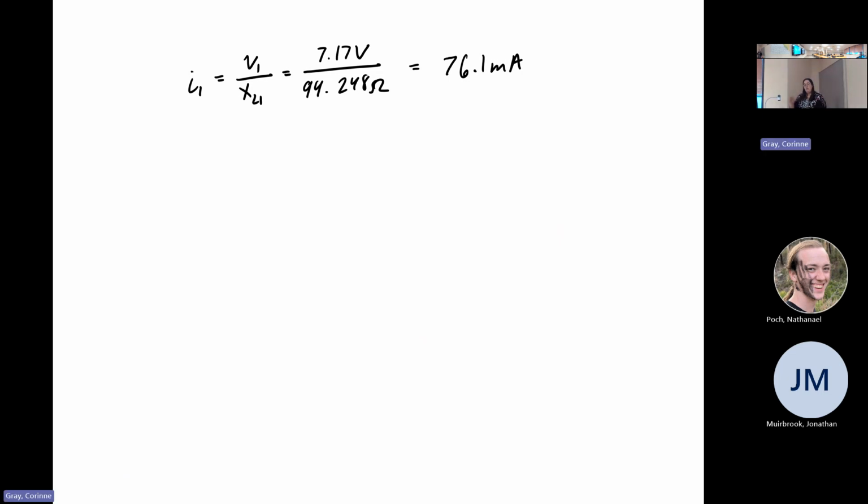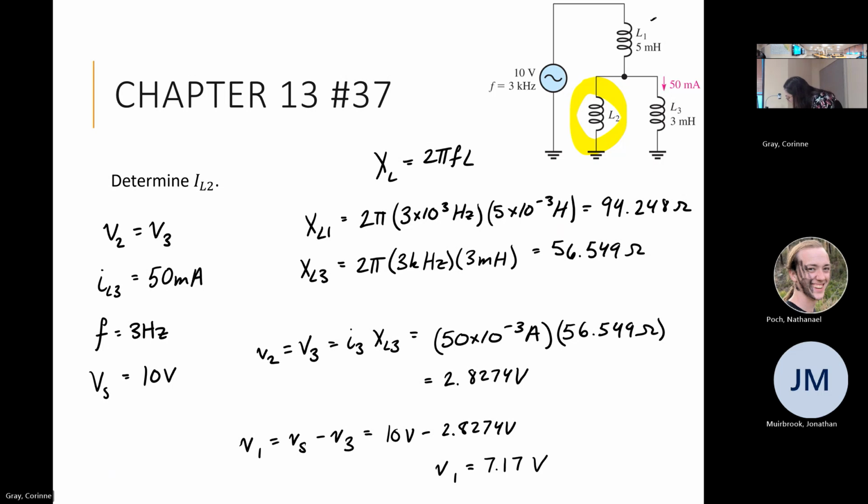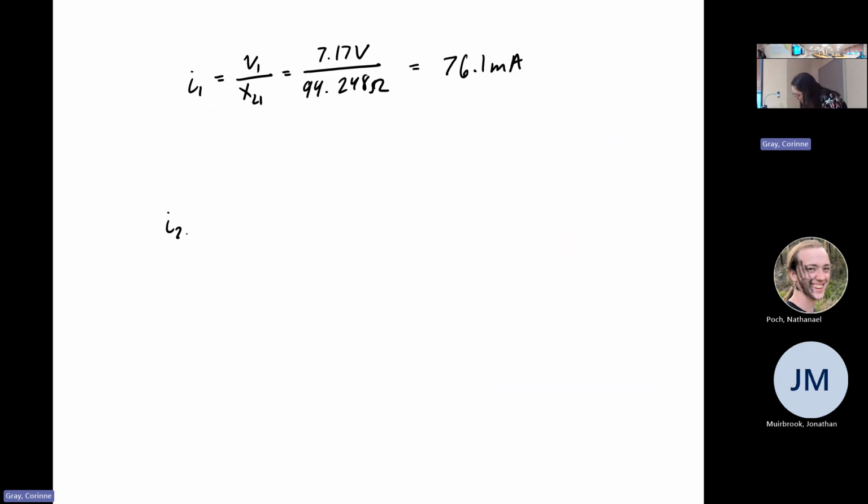Any questions up until this point? So we now have 76.1 milliamps coming down here. So how can we find the current through L2? Subtract 50 from 76. So that's using the junction law.